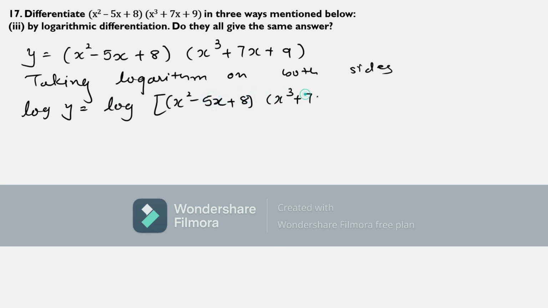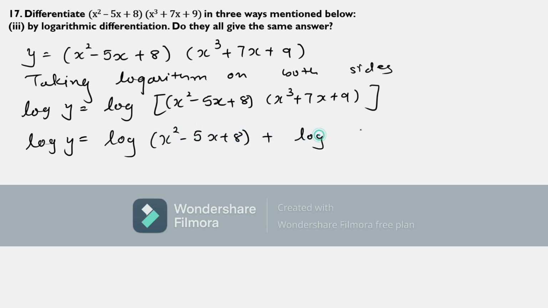Left hand side log y will remain log y, but on the right hand side two functions, two brackets which have variables in them, are in multiplication. So if we are taking log, that means they will be added up. So that means log of x square minus 5x plus 8 plus log of x cube plus 7x plus 9.